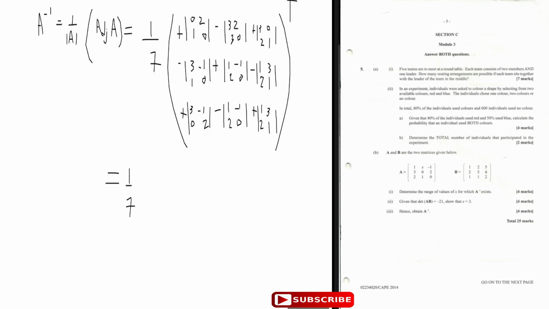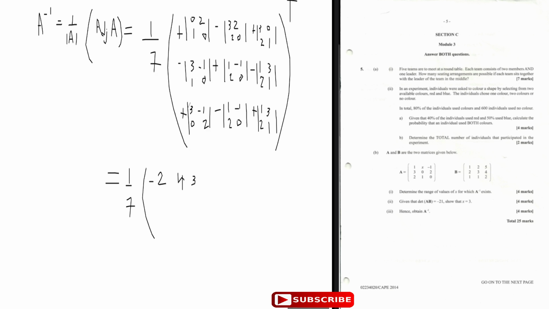So now we have the cofactor matrix. So the cofactor matrix is going to work out to be 0 minus 2 is minus 2. This part is going to be 0 minus 4 is minus 4. Minus of minus 4 is 4. And here is going to be 3 times 1 is 3 minus 0, that's just 3. 3 times 0 is 0.